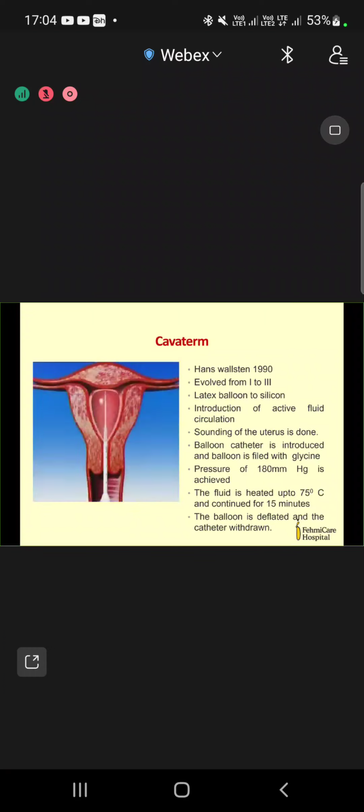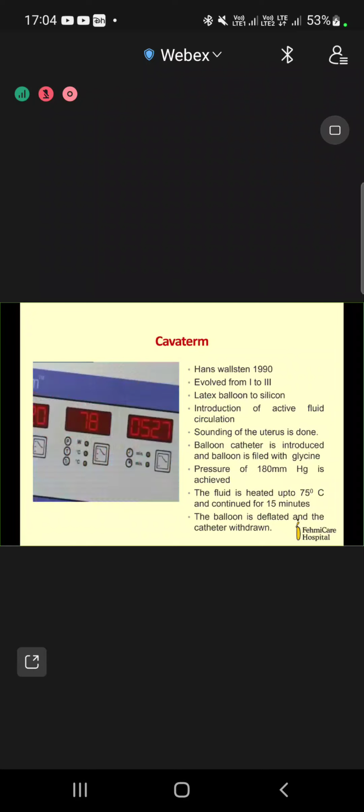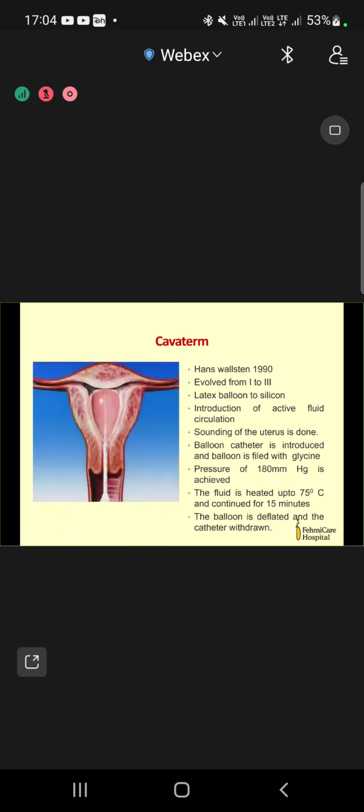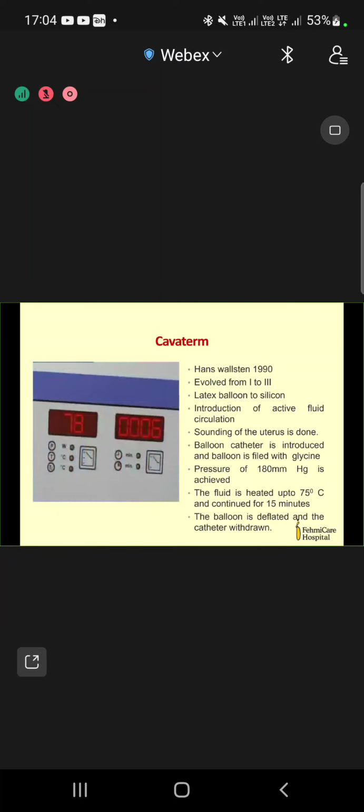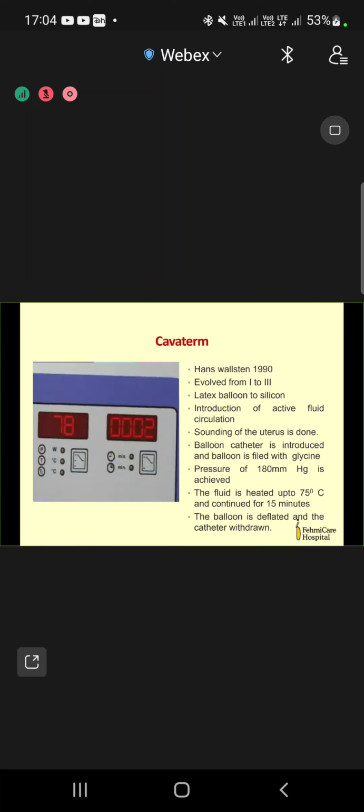In Thermachoice, the fluid is heated up and it is distending the balloon. Whereas in Cavatum, the mechanism is that the fluid inside is circulating. Once the fluid inside is circulating, they claim it is a uniform distribution of the heated fluid and the ablation is much more successful.